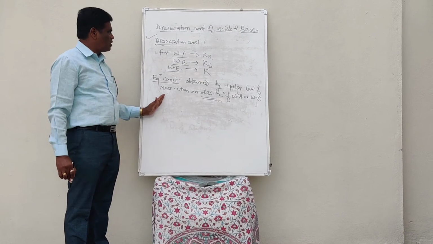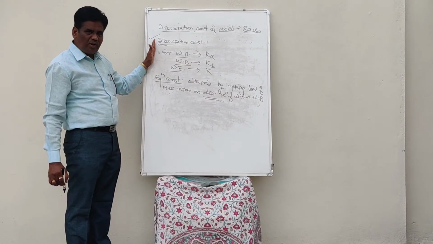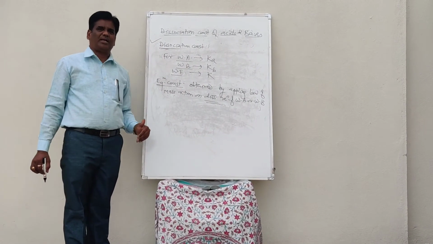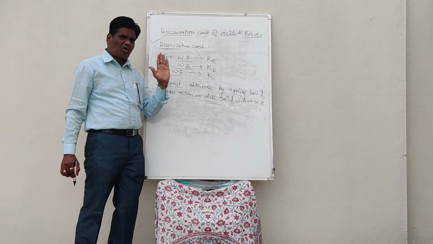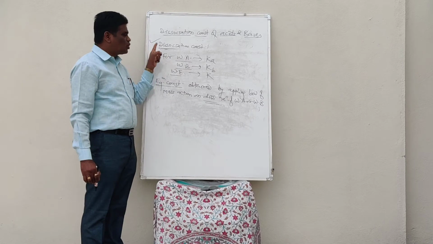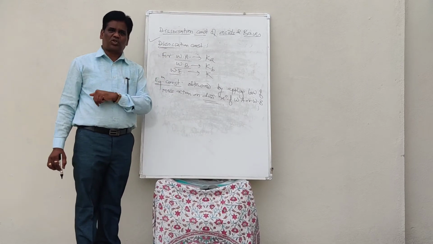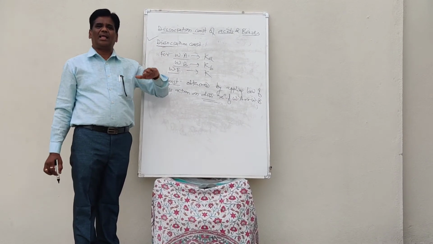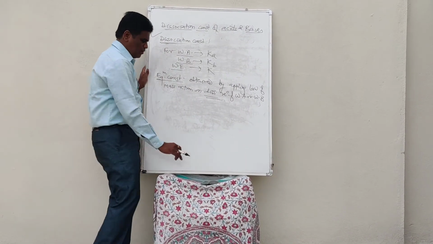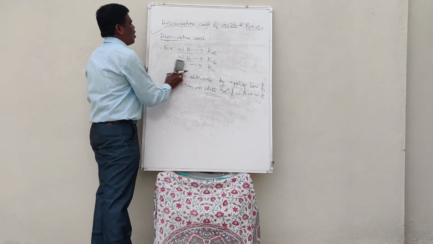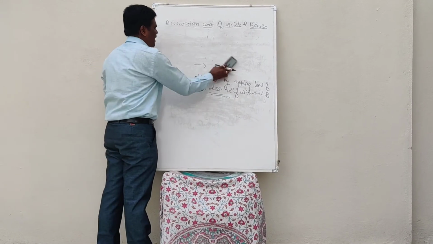Dissociation constant values for a weak base are always less than 1, generally in the range of 10 to the power of minus 4 to 10 to the power of minus 10, and dissociation constant values for a strong base are always greater than 1.